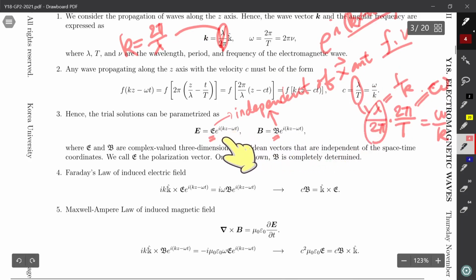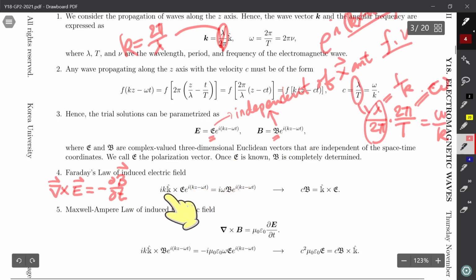If we substitute this into Faraday's law, the gradient pulls out ik and the unit vector along z, that is k hat, cross the electric field, and minus the time derivative of the magnetic field gives plus i omega.